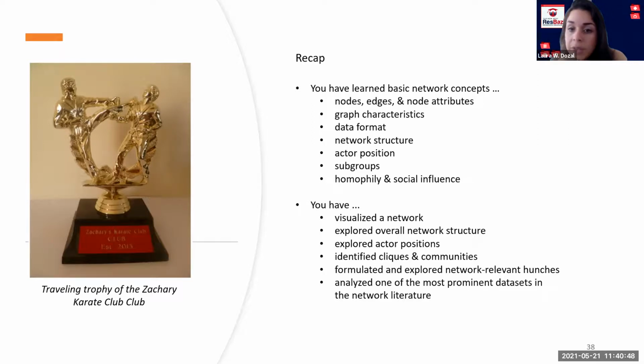We looked at cliques and communities, formulated and explored some hunches based on ideological attributes. This data set is one of the most prominent intro to network analysis in the network literature, because it's a great example of how to show a lot of these concepts. If anyone has any questions, I'm more than happy to answer them.